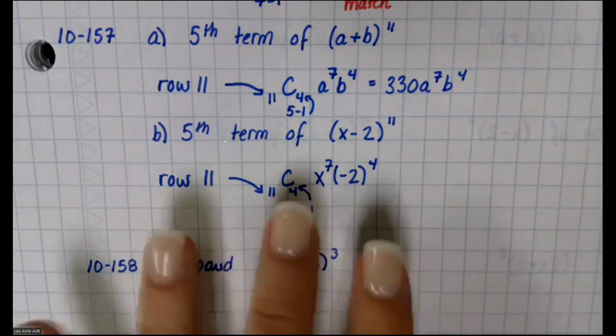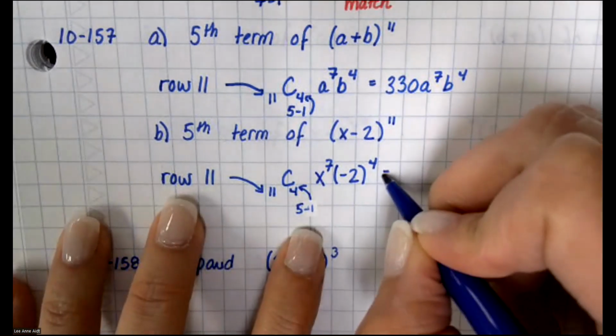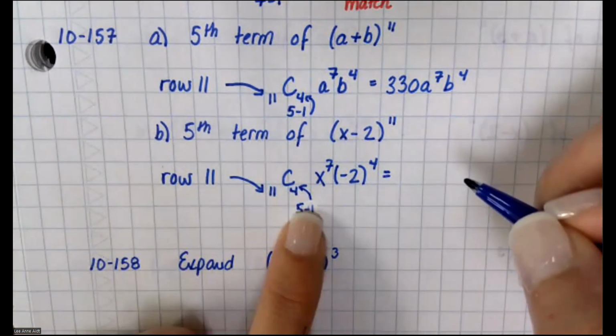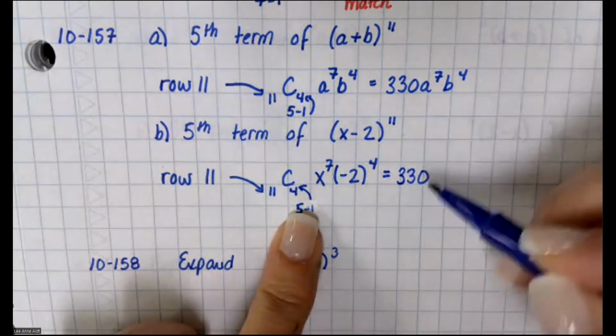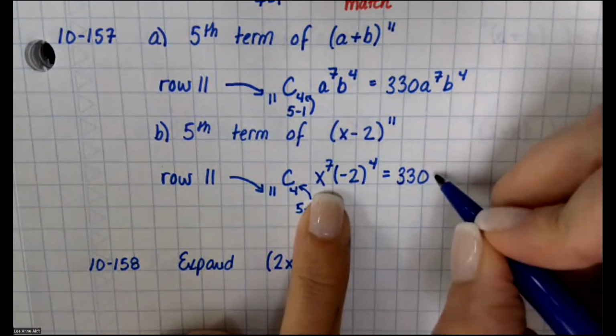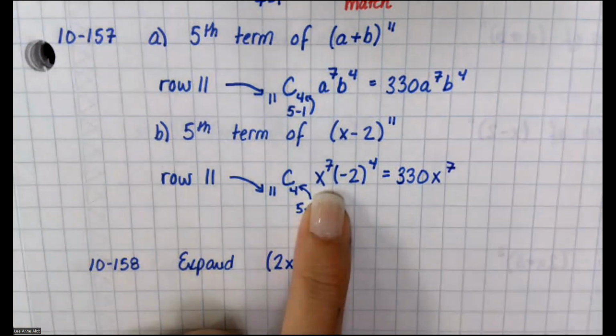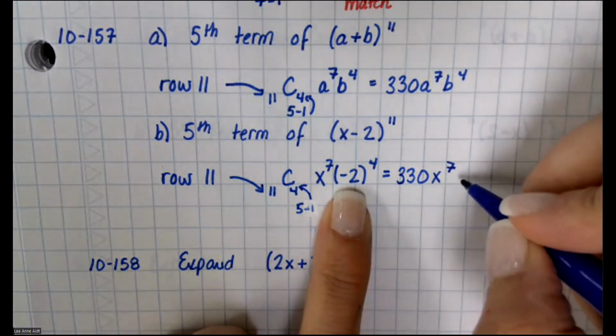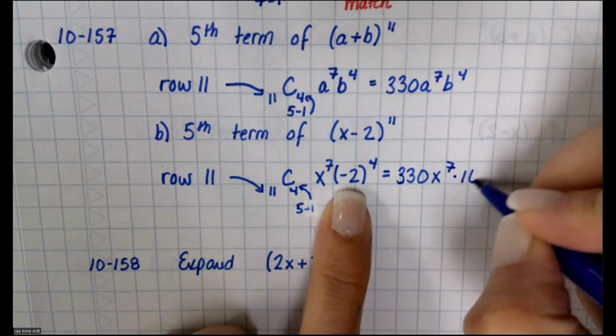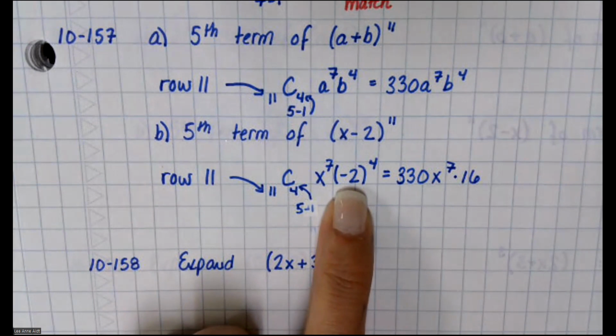Okay, now we have to make this prettier. So we know that 11 combination 4 is 330 from our previous work up here. X to the 7th is X to the 7th. What's -2 to the 4th? I believe it's 16. You guys believe me?